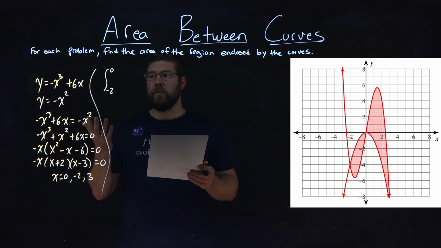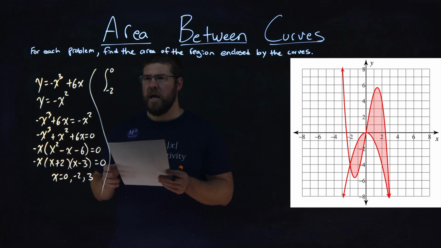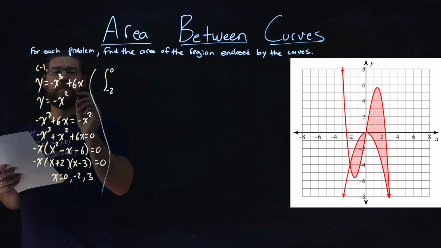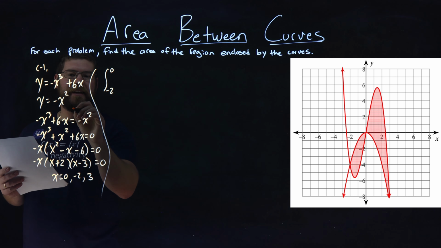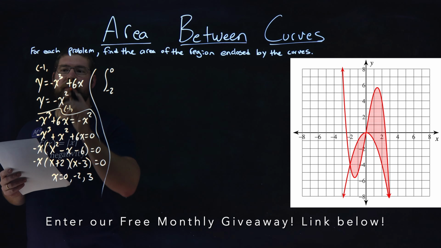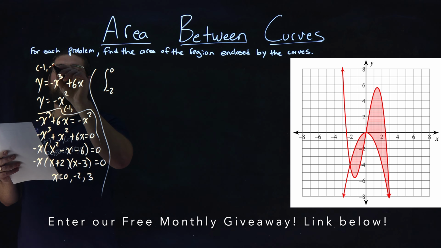So let's deal with the first one, negative 2 to 0. We want to see which equation is on top and which one's on bottom within that interval. Between that interval, I picked an x value of negative 1 for each one. In the first equation, I put negative 1 for x, and I got an output of negative 5.